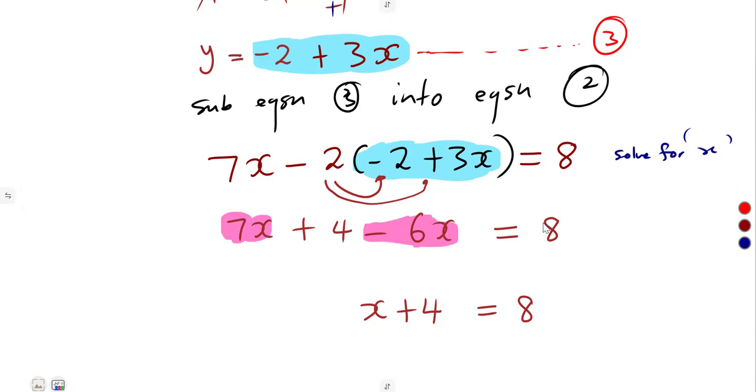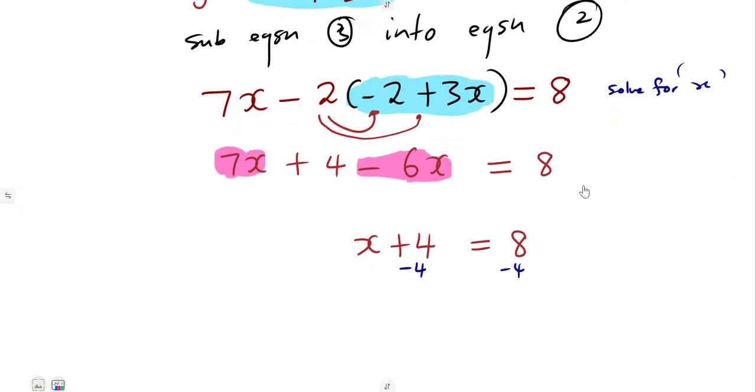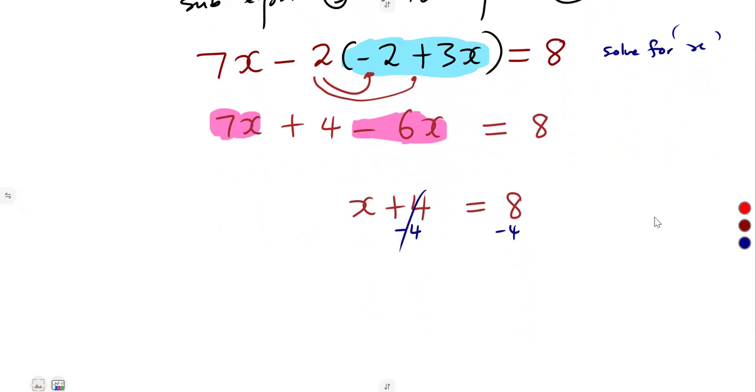So how can we solve for x? Get rid of the 4, so we can simply subtract it. We have a plus, so subtract that one. So we have got x from that one, all right? So x is equal to what? 8 minus 4, which is 4. So we have got the value of x, which satisfies our equation.